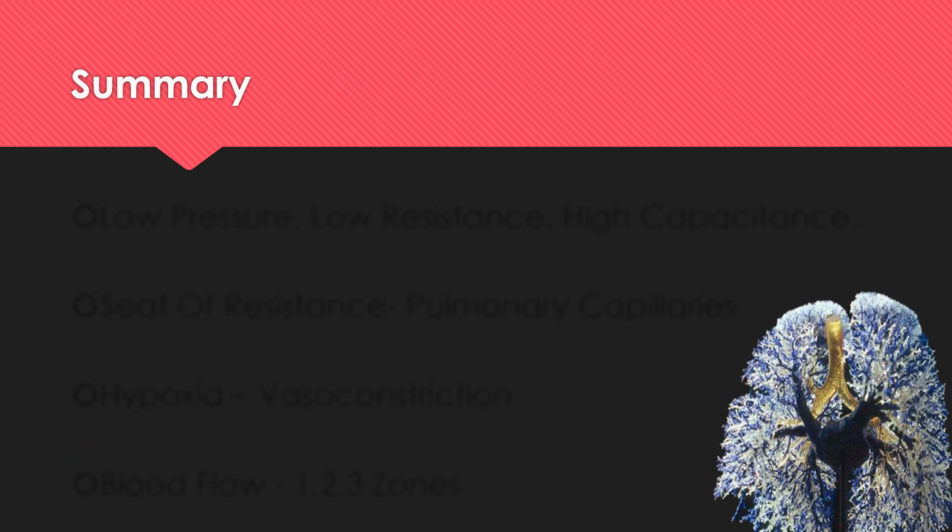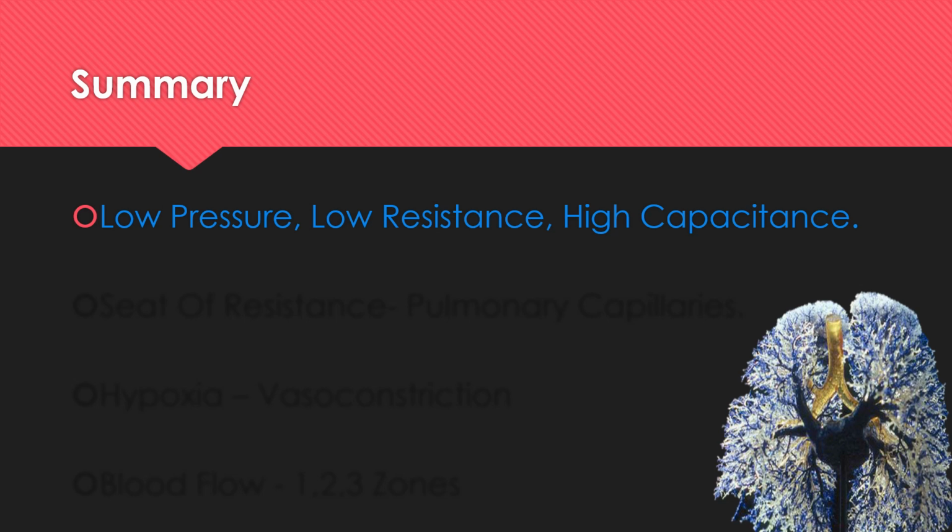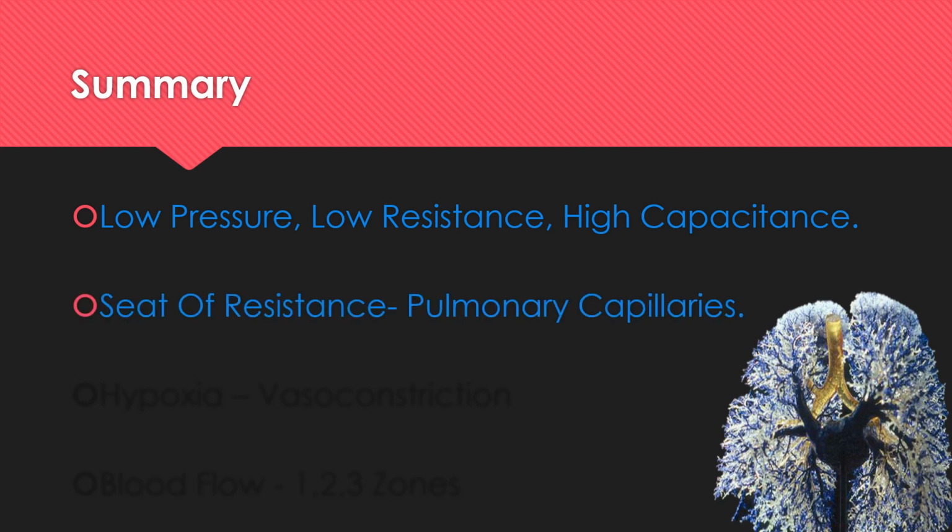In summary, pulmonary circulation is a low pressure, low resistance, high capacitance circulation. The seat of resistance comes from the pulmonary capillaries.